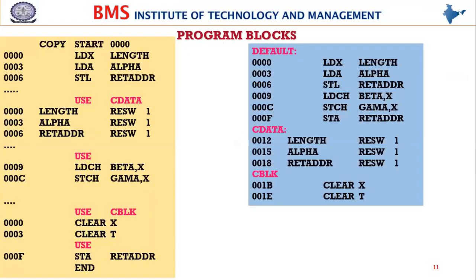Your assembler collects all the instructions belonging to each program block and gives consecutive addresses, and consecutive addresses are given for the subsequent program blocks also.